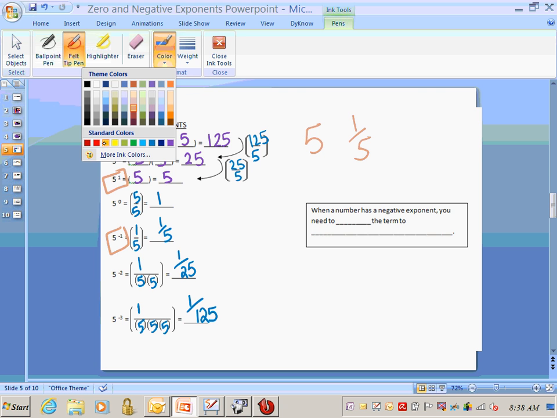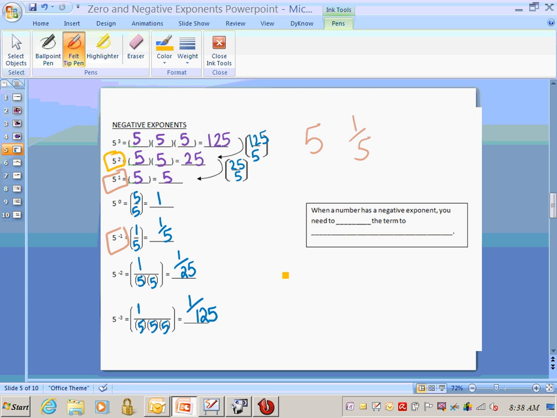If I'm looking at, let me get another color, 5 squared, so I'm looking at 25 and 5 to the negative 2. What is that? They're what? Reciprocals. So the only thing different about negative exponents is that it's just the reciprocal of the original number. Do you guys see what I'm saying? Does everybody understand what I'm talking about?